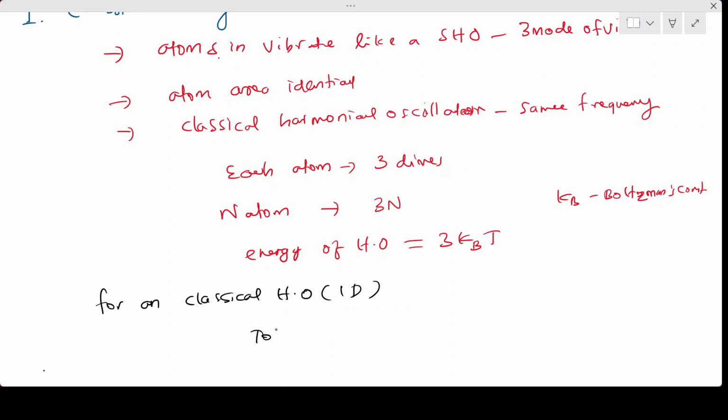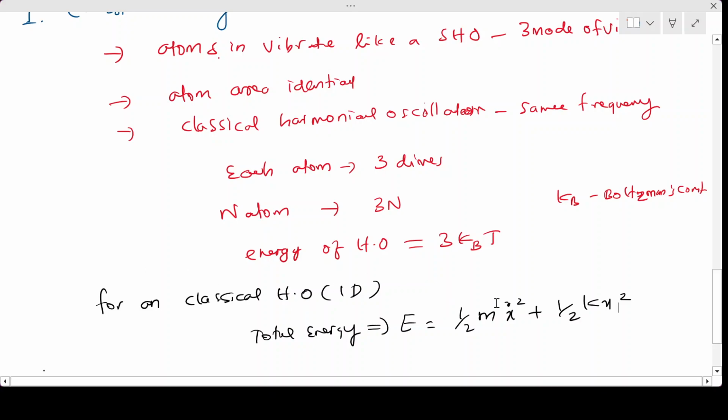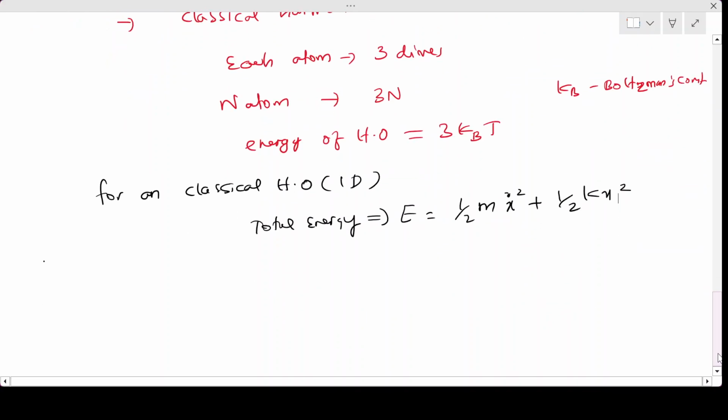So the total energy is E equal to 1/2 m x dot squared plus 1/2 k x squared, where 1/2 m x dot squared represents the kinetic energy, and the second part is the potential energy. So that is the total energy of a classical harmonic oscillator in one dimension.